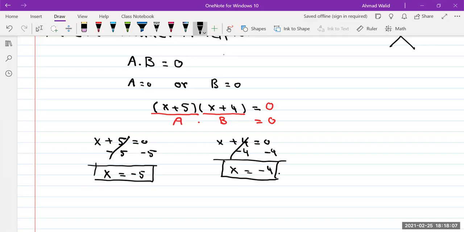To be honest, it's way early, but if I want to explain it to you, if here is negative 4 and here is negative 5, on a Cartesian coordinate system, it means your graph is passing through the x-axis, intersecting the x-axis, at negative 4 and negative 5.